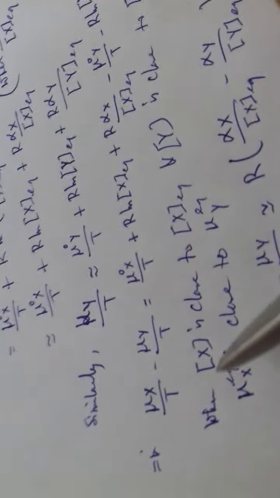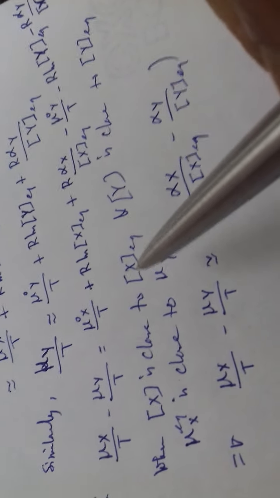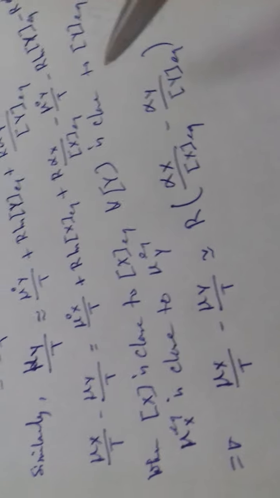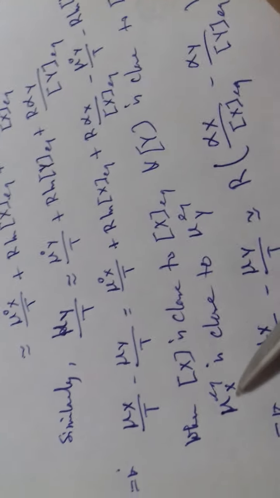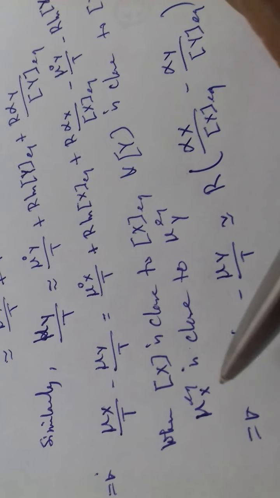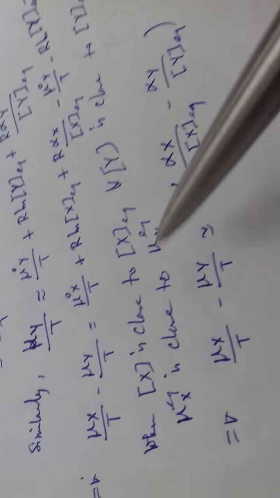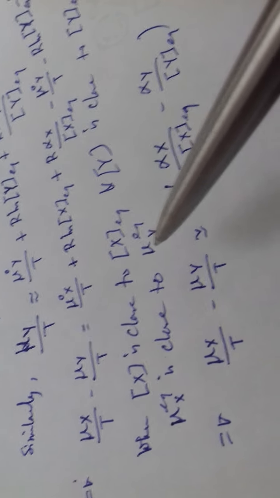So now if x is very close to xq, that is, when the reaction is very close to equilibrium, and y is very close to yq, then naturally the chemical potentials of them will be very close to each other, because at equilibrium the chemical potential of x and y must be the same.